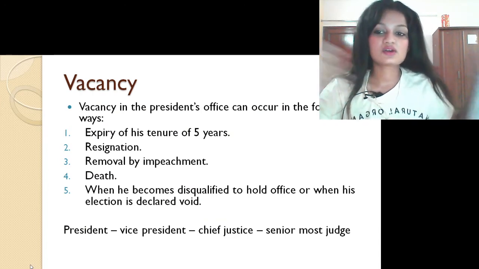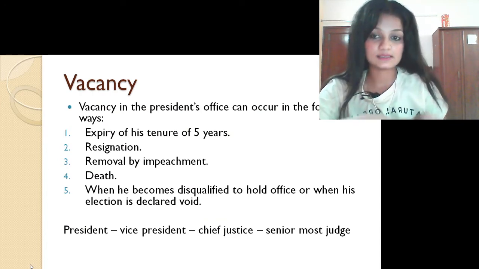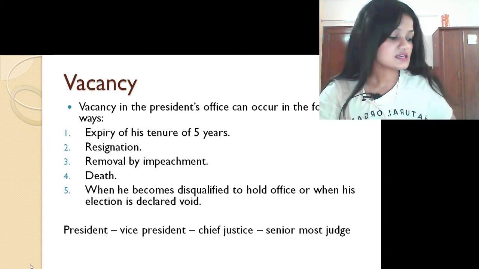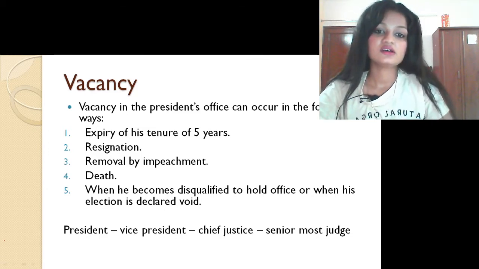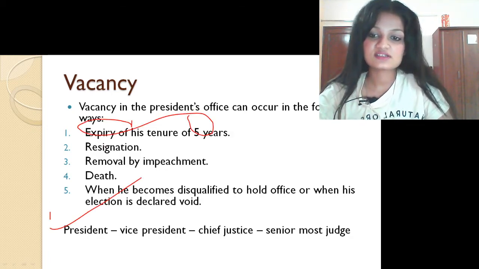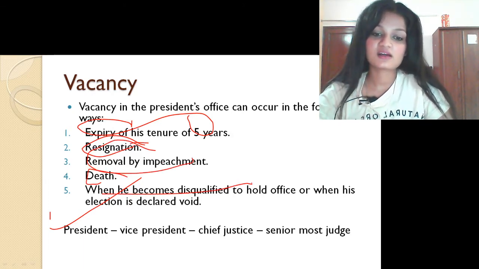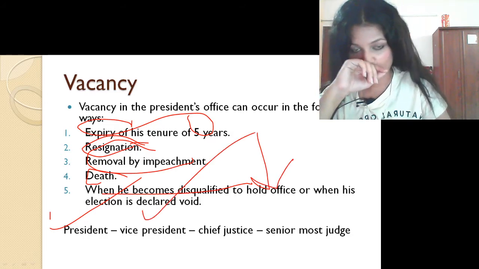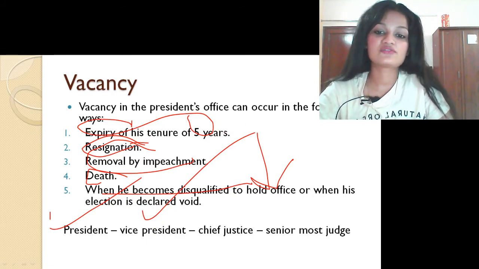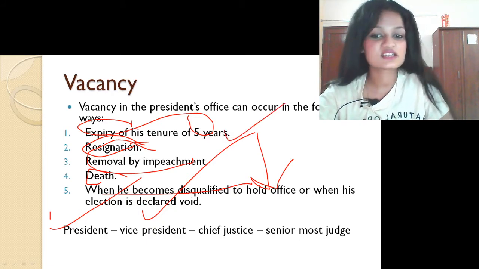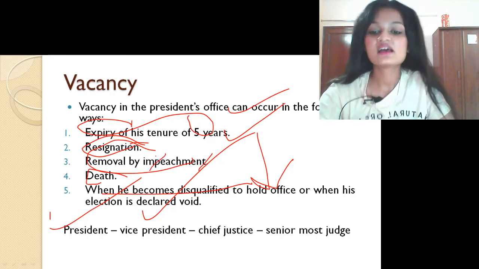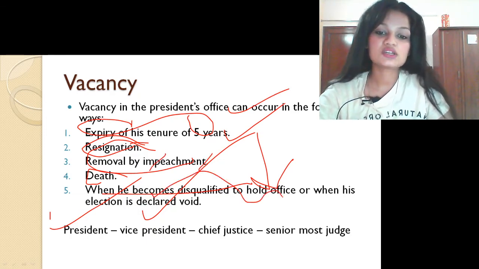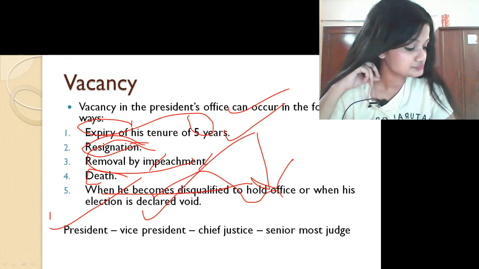The next thing that we are going to talk about is vacancy. A vacancy can happen in the following ways. The first is the expiry of his tenure of 5 years, his resignation, his removal by impeachment, death, or when he becomes disqualified to hold office, or when his election is declared void.